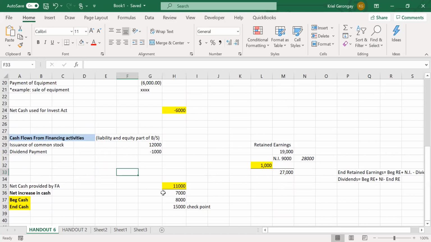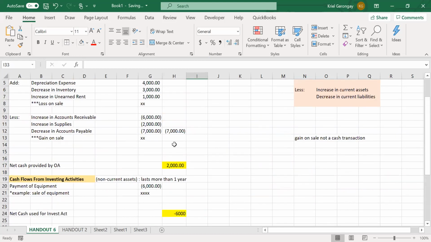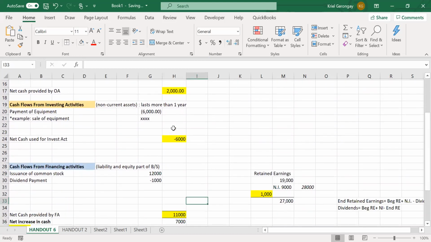Do you mind explaining again the bottom part? Mm-hmm. So we got this 11,000 by getting the total of this.